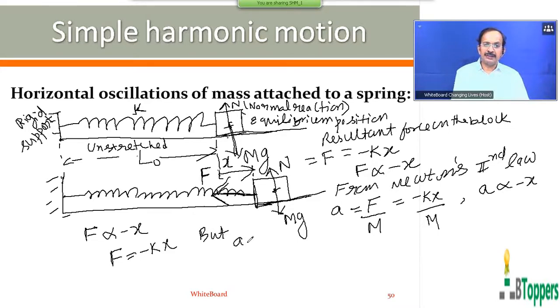But the acceleration of a body in SHM is given by -omega squared into x, and omega is the angular frequency of oscillations. So you can write a = -omega squared x, which you can write as -kx/m.